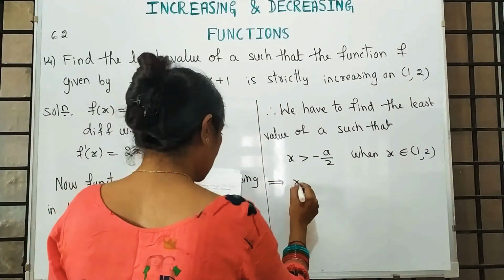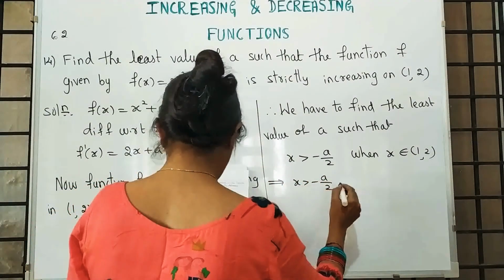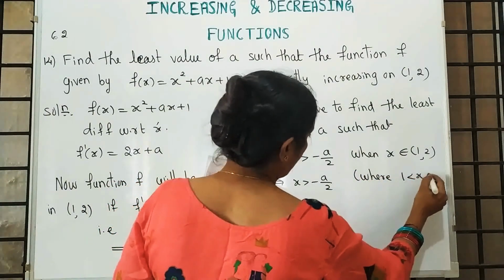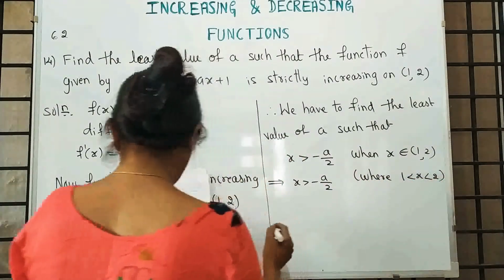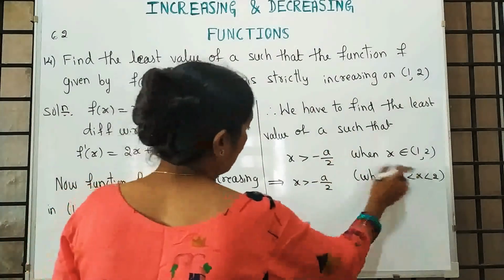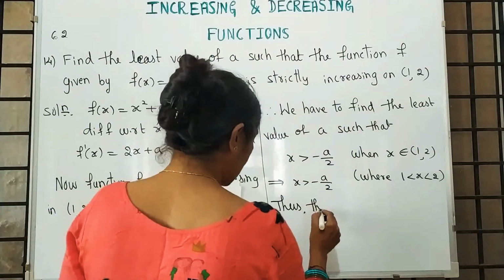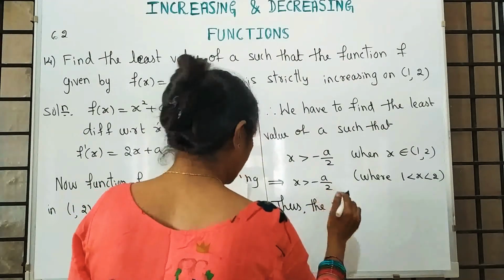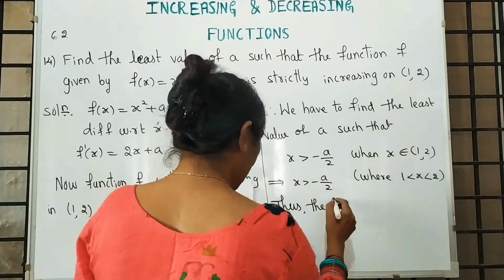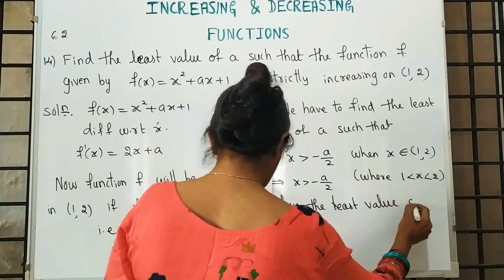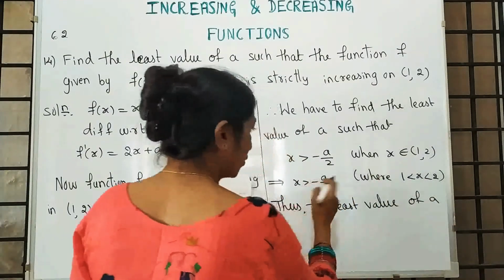Implies x is greater than minus a by 2 where x is lying between 1 and 2. Thus, the least value of a, this value is in between 1 and 2. If you take 0, you will not get the least value.